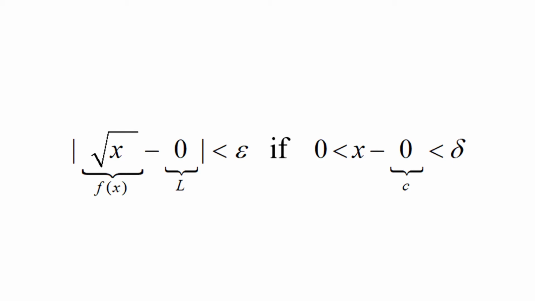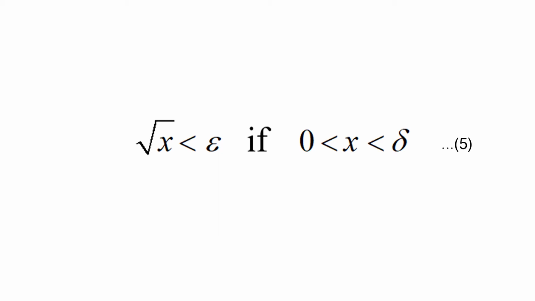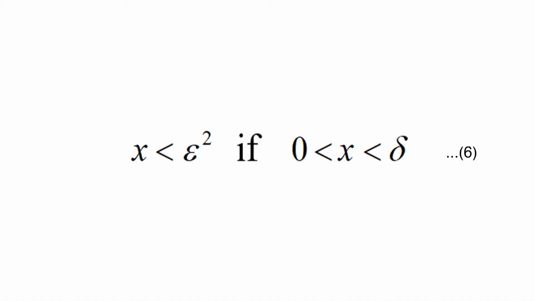We must show that |square root of x - 0| < epsilon if 0 < x - 0 < delta, or more simply, square root of x < epsilon if 0 < x < delta. But squaring both sides of the inequality square root of x < epsilon, we can rewrite the above statement as x < epsilon squared if 0 < x < delta.